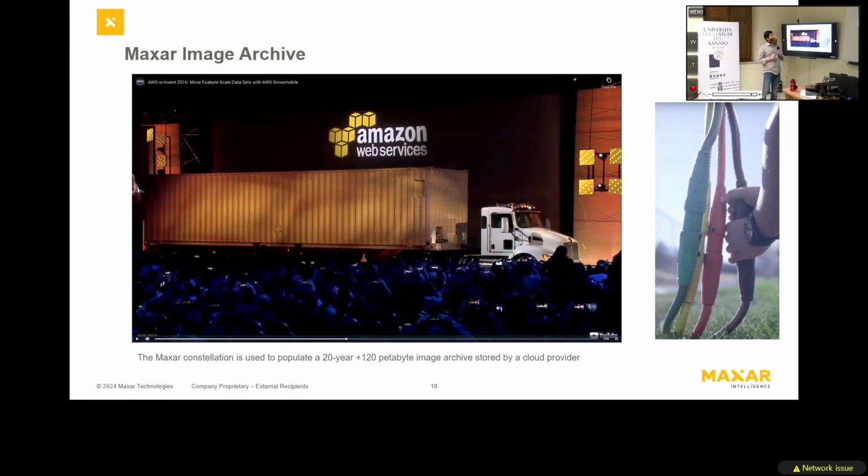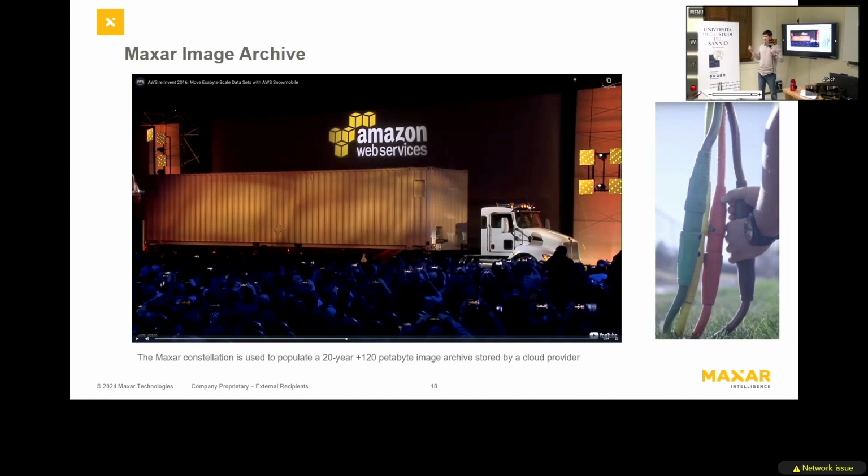So what happened? 4 or 5 years ago we decided to move all our data to AWS. We have about 120 to 140 petabytes, and we calculated that if we had to move all the data from our data center through the internet, it would have taken many, many years. So Amazon came up with a pretty smart solution.